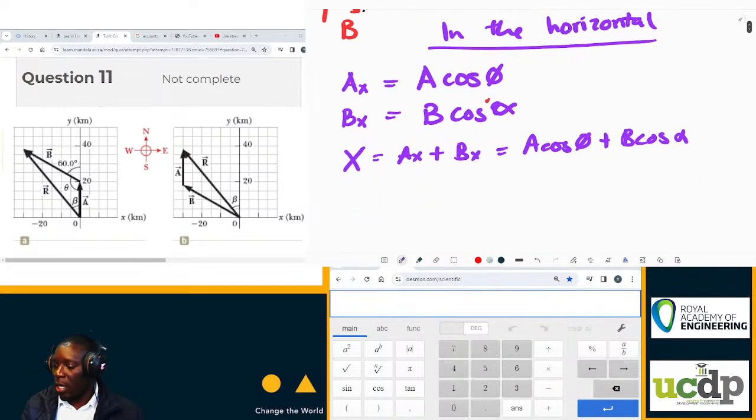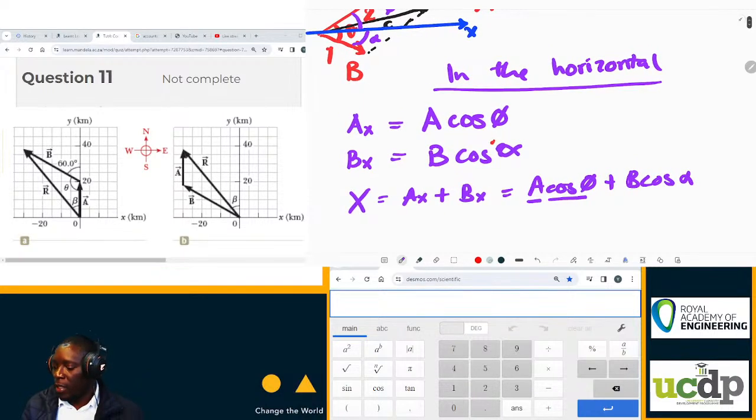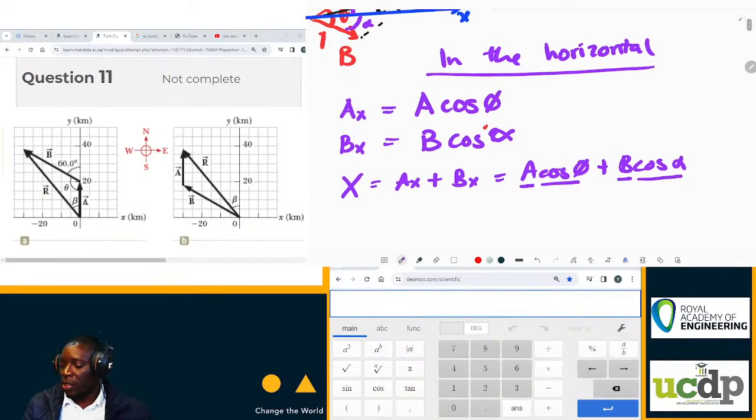So now we can add all components that are in the x in terms of the magnitude of the vector times the cos of the angle between the vector and the x direction. Same applies: vector magnitude and the cos of the angle the vector is making with the x direction.